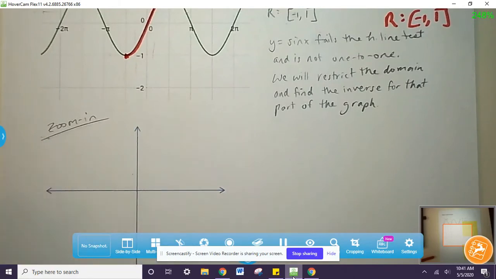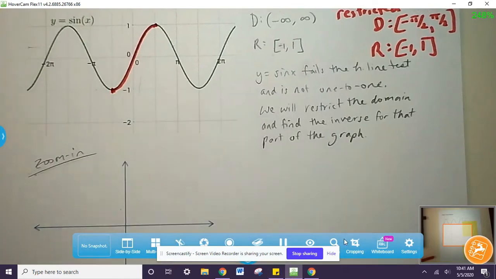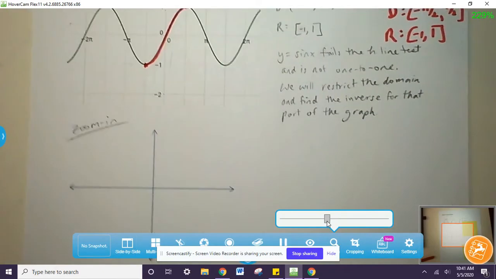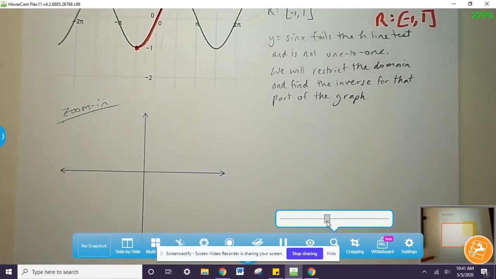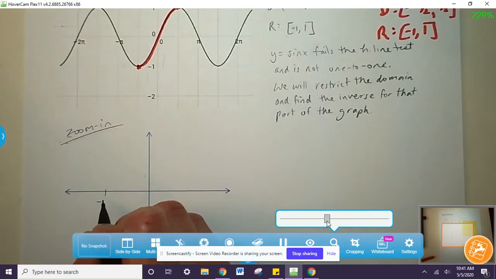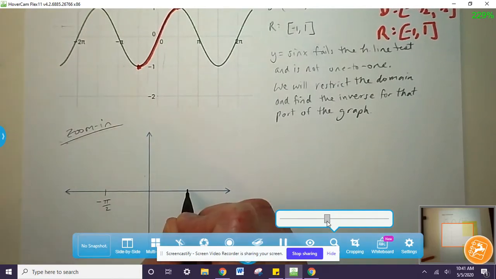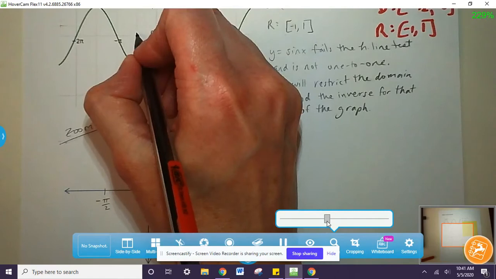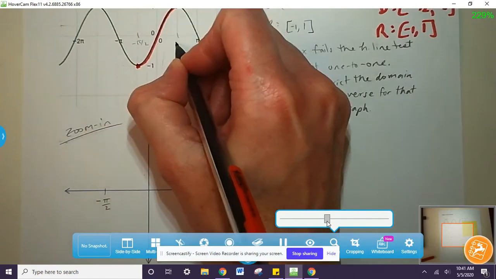So taking a look at this graph and just zooming in on that piece of the one that I highlighted in red. Okay, so first on the x-axis, we're going from negative pi over 2 to positive pi over 2. And I'm going to try to be a little precise here about my measurements along the x-axis and y-axis.